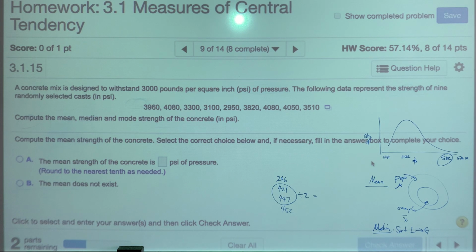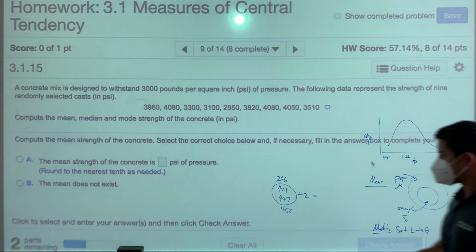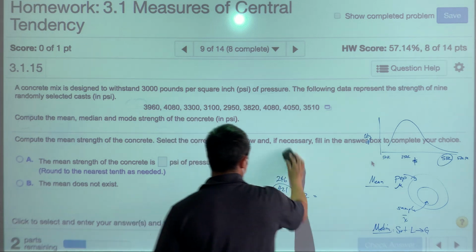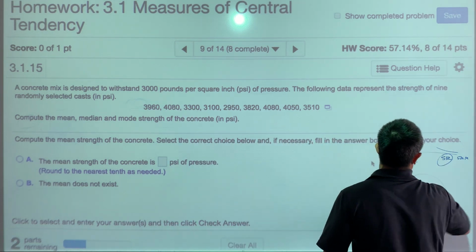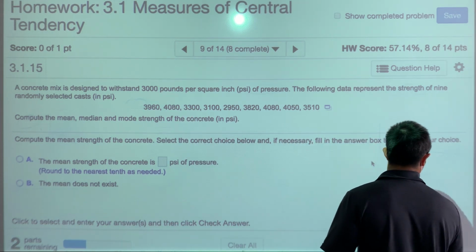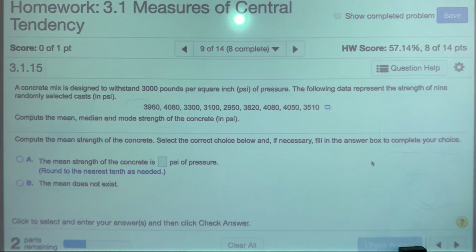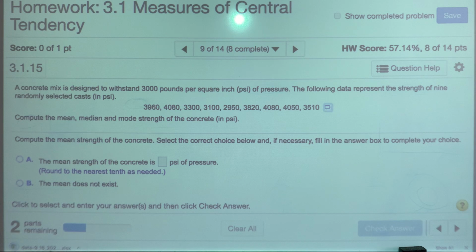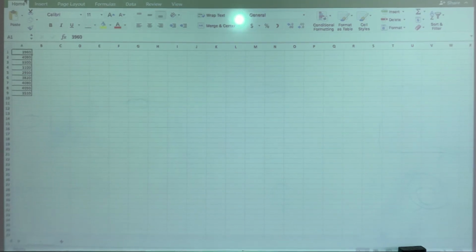All right, now we need to use Excel to help us out, okay? So I'm going to erase all this, split the screen, and we're going to use Excel to help us do these final problems. What I recommend you do is, you see these double boxes right here, click them, open the data set in Excel. So I'm going to open my data set, okay?